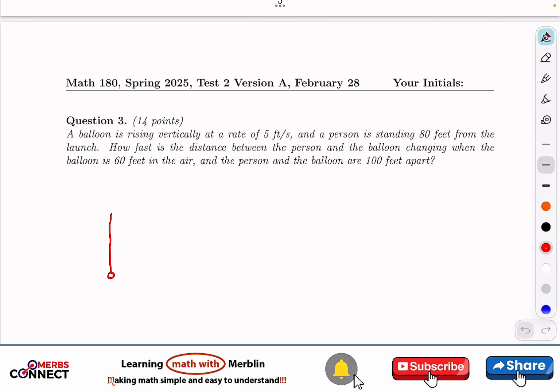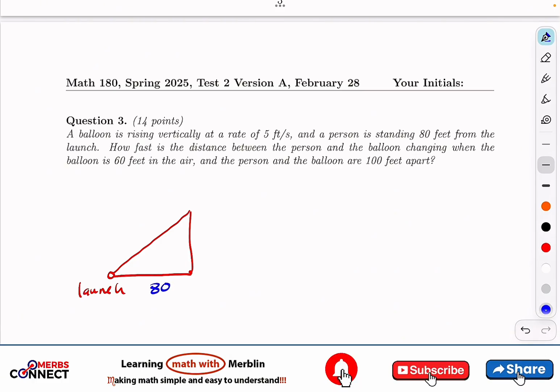The person is standing somewhere here, and we are saying that is standing 80 feet from where they launched it. So let's say that they launched it here. So I'm going to have this, and I'm going to have this, and then the distance is 80.